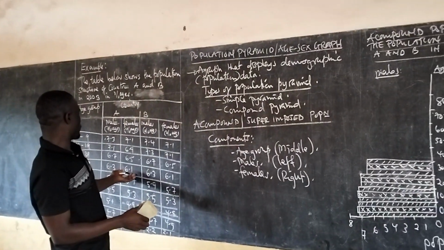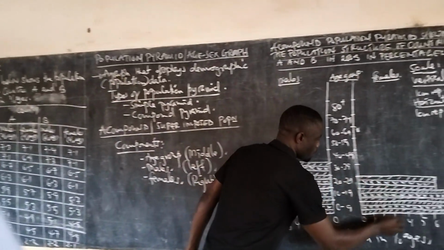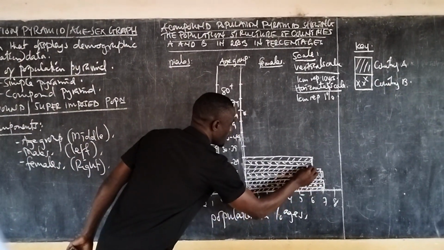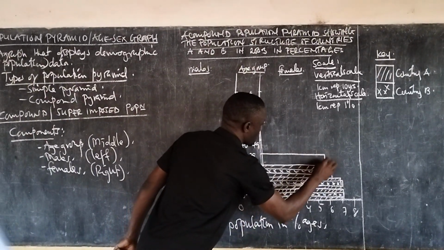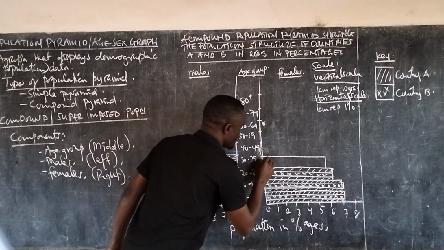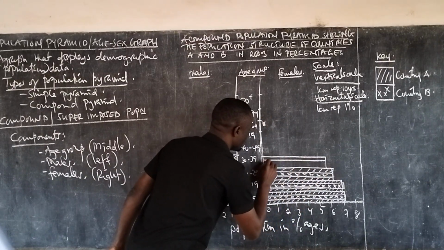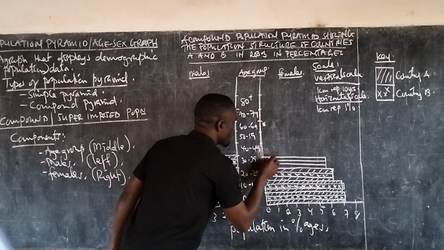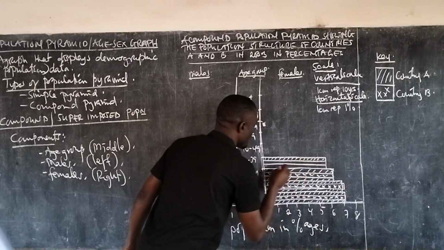Okay. Let us go to 30 to 39, the females. Country A 6.1, country B 6.1. Country A 6.1, it can be around here. Even country B, it is 6.1. So if you study carefully the demographic information you have here, these two countries are likely to have the same factors that affect population.